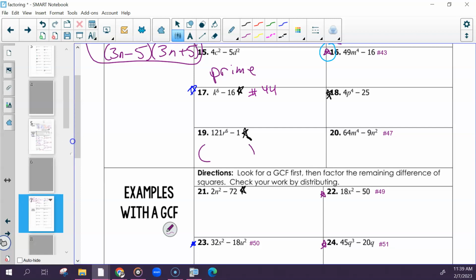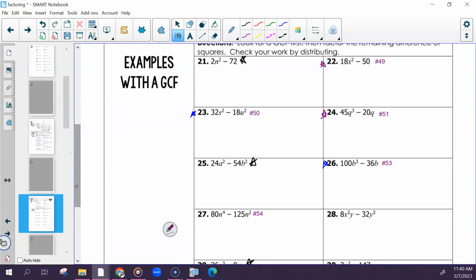What do we think those factors would be? 2 plus 1 and... Before we move on to this next section, do we have any questions we skipped over up to 20 that we want to go back and see, have questions about? If not, let's move on to the next section.